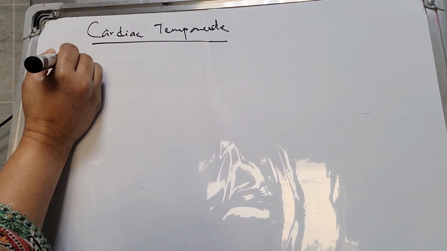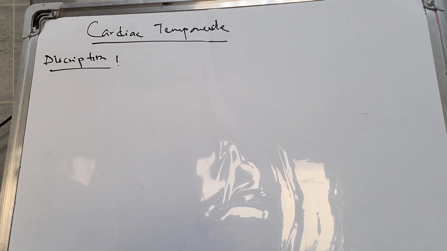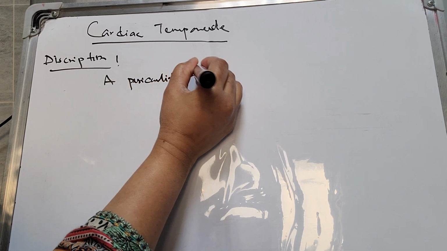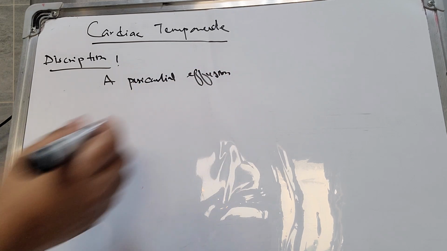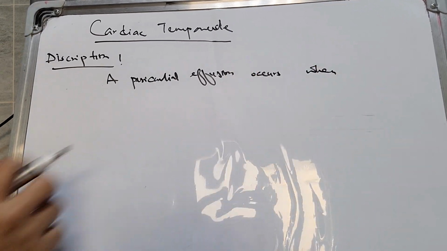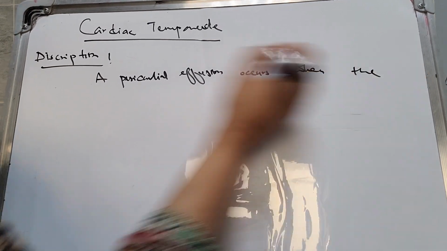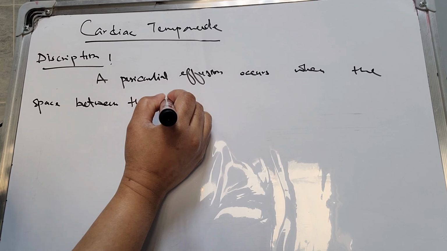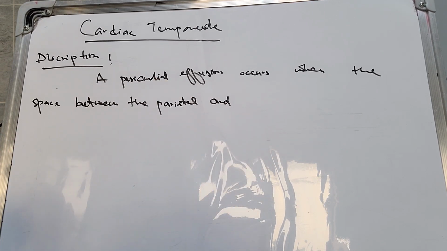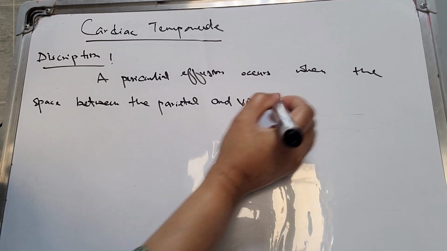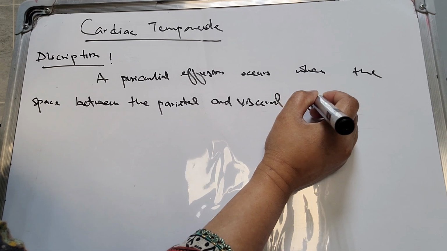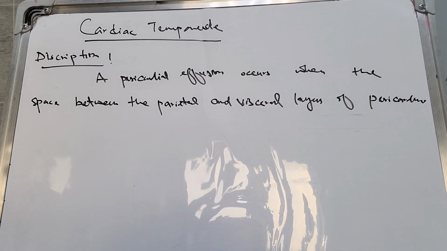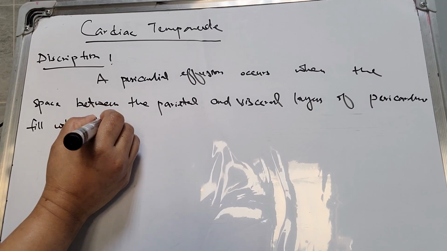So the description is, a pericardial effusion occurs when the space between the parietal and visceral layers of pericardium fills with fluid.